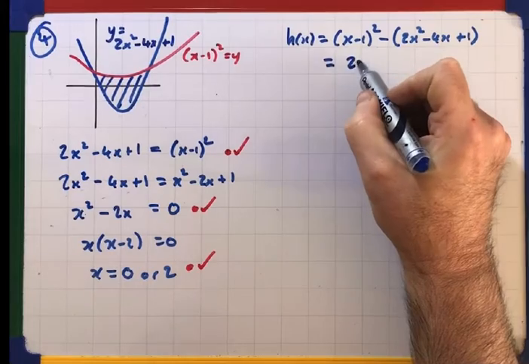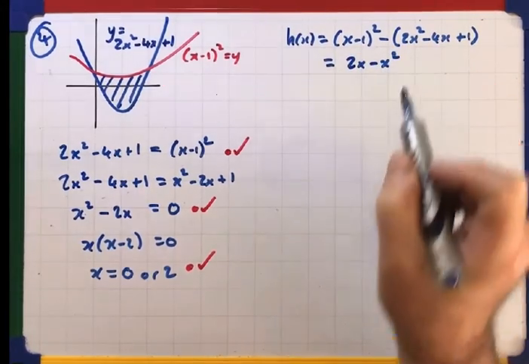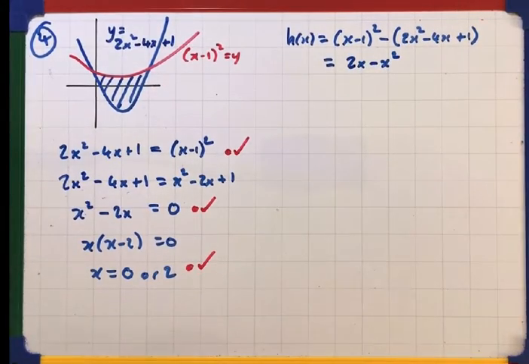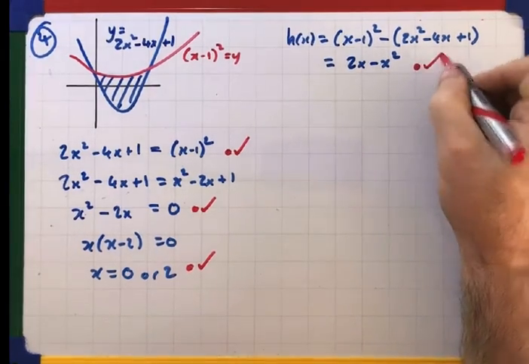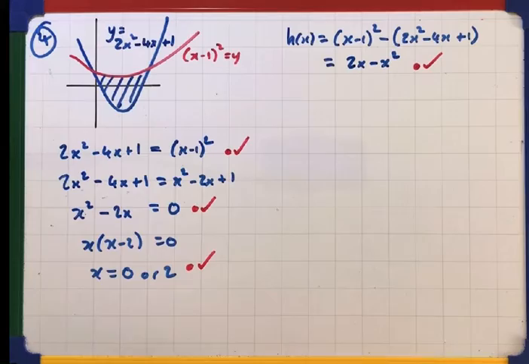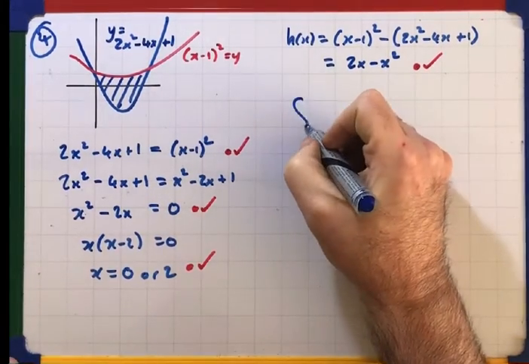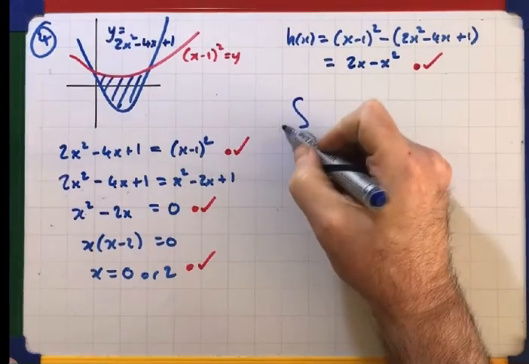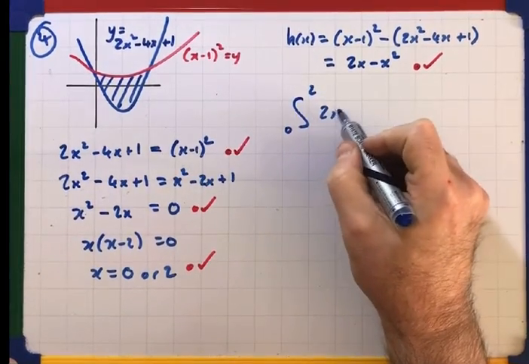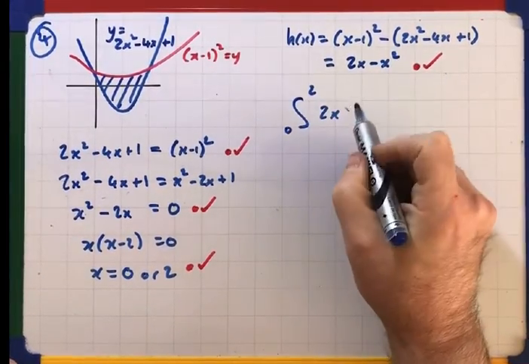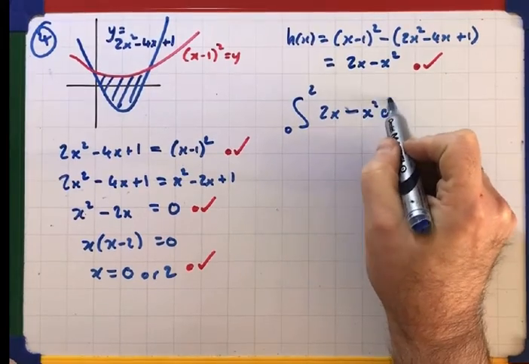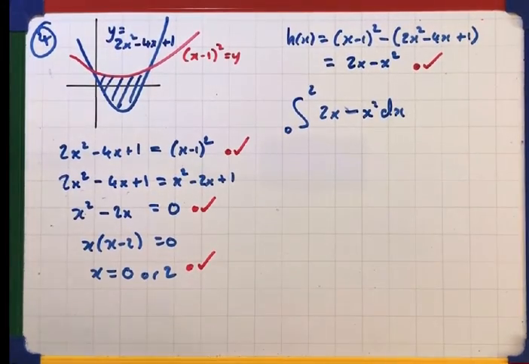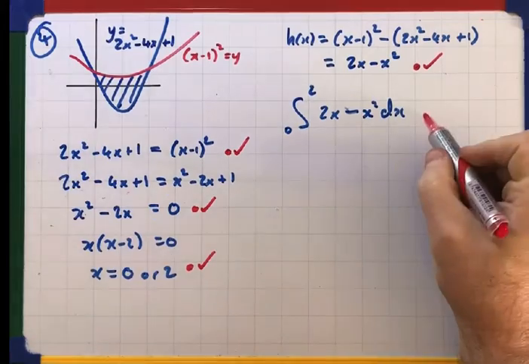So that's just 2x minus x squared. So that's the function we actually want to integrate. So I'm going to give you 1 mark for getting that one right. Then what we wanted, remember, was the integral between where they intersect, which is 0 and 2, of this thing. Okay, worth another mark there, I reckon.